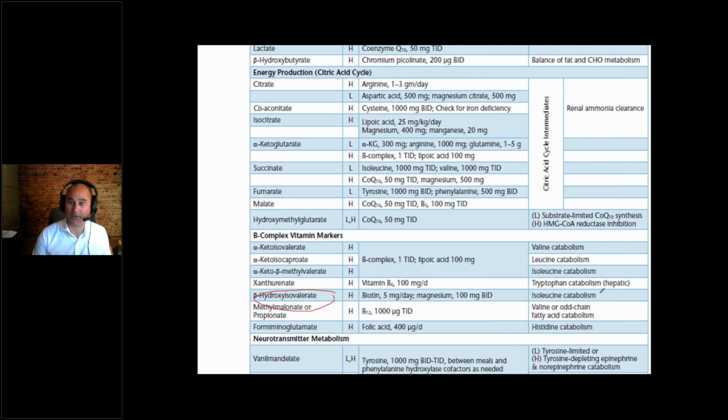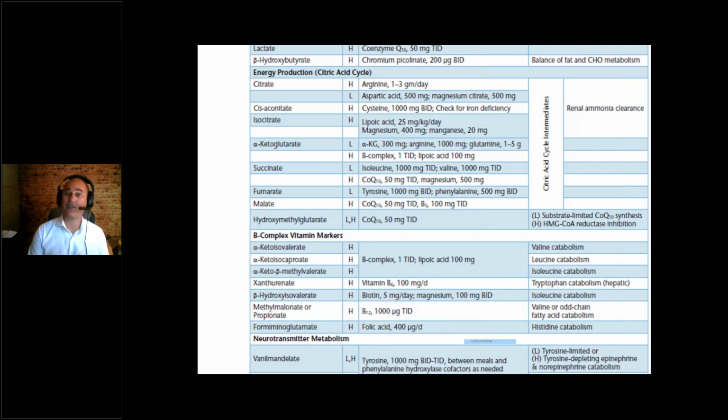Biotin helps us break down isoleucine, an amino acid. Methylmalonate, related to B12, helps us break down valine or odd chain fatty acids. So amino acids, fatty acids over and over. FIGLU, or formiminoglutamate, or folate, helps us break down histidine, which is an amino acid.